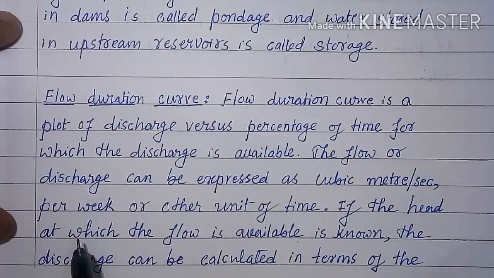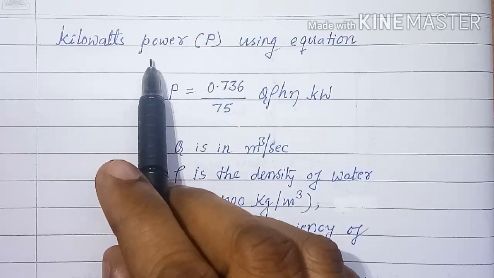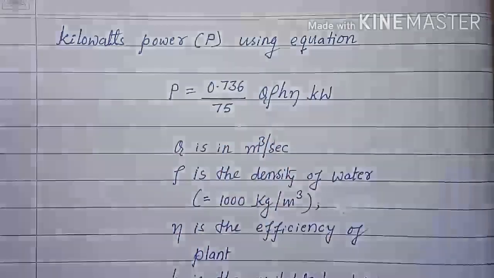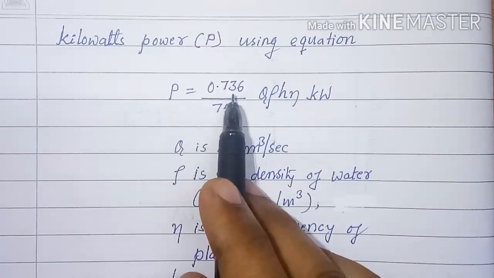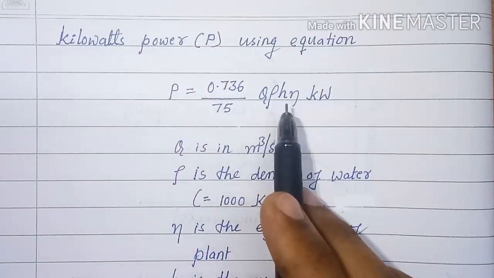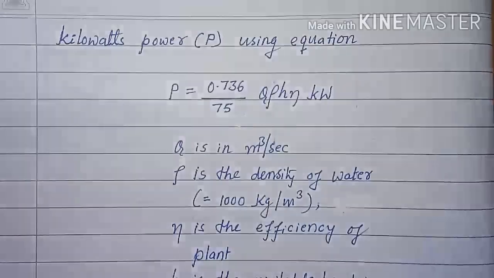If we know the head at which the flow is available, then the discharge can be calculated in terms of the kilowatts power P using equation P is equal to 0.736 by 75 Q into rho into H into eta, the efficiency symbol.